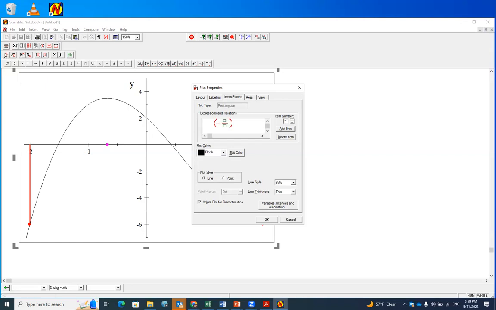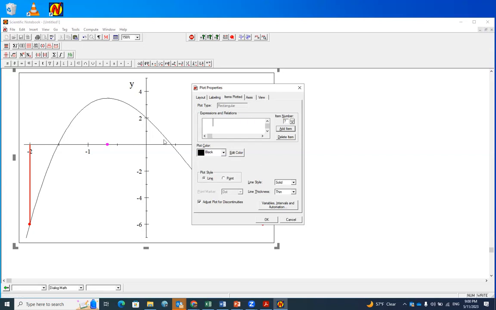So we have -2/3. And what is it? I forgot the number. I have to go back.